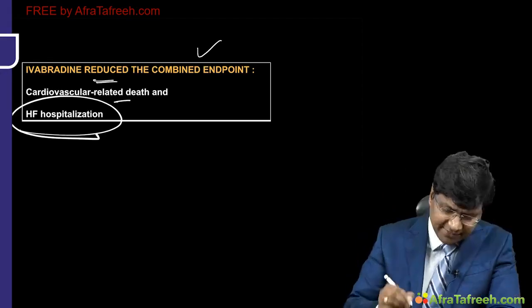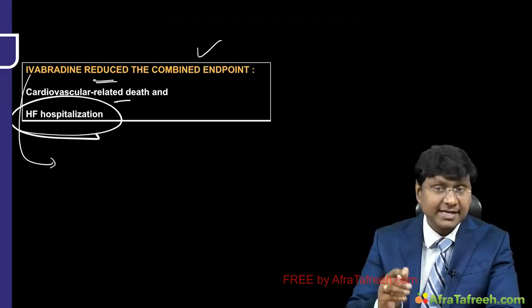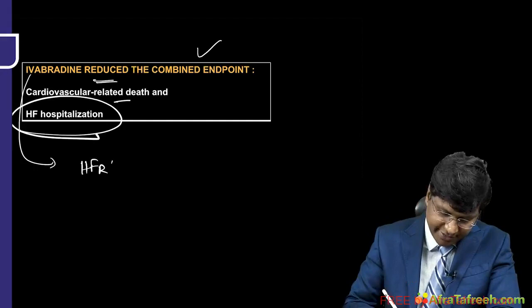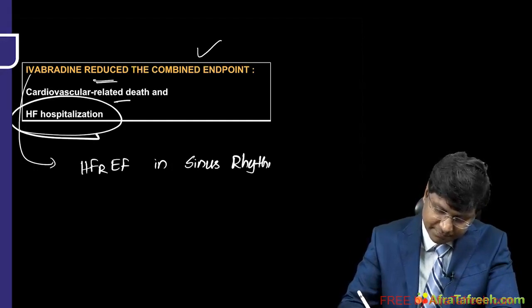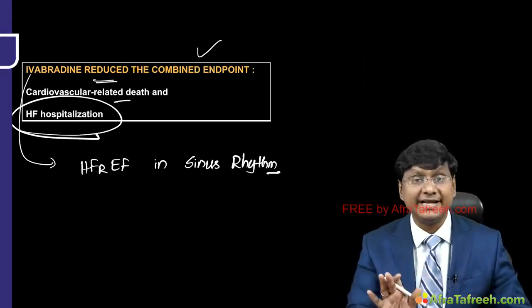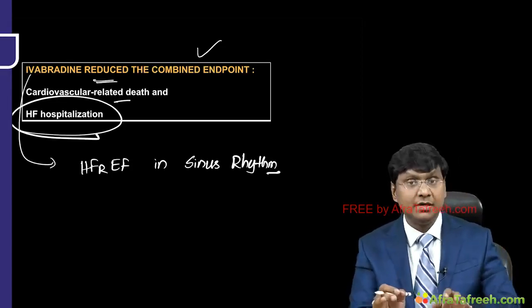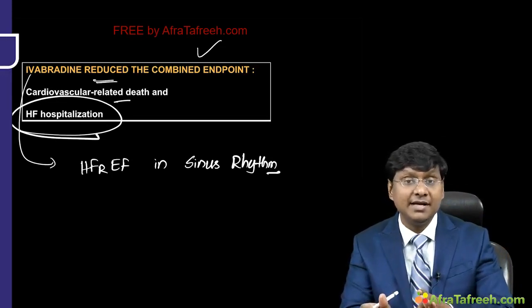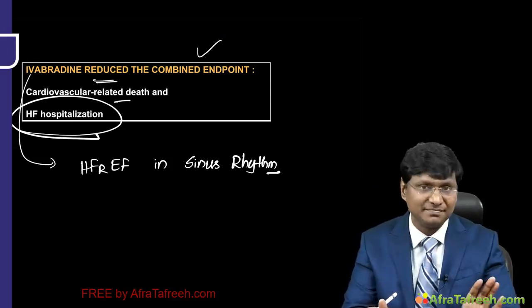So this trial says that ivabradine can be given comfortably in heart failure with reduced ejection fraction when the patient is in sinus rhythm. This data shows that ivabradine can be given in sinus rhythm but not in case of an irregular rhythm.